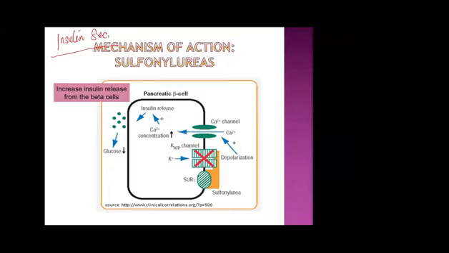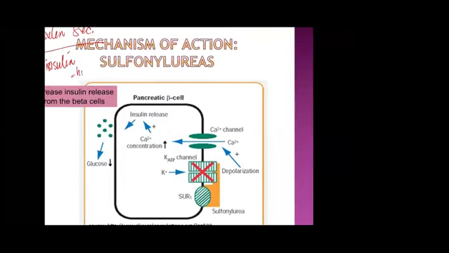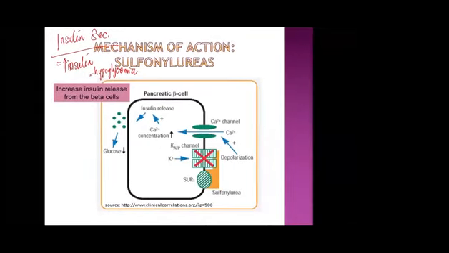These are the drugs that increase the output of insulin from the beta cells. So when there is more insulin secreted, of course, there will be more available for hypoglycemic effect. That's why insulin secretagogues are said to be hypoglycemic agents.